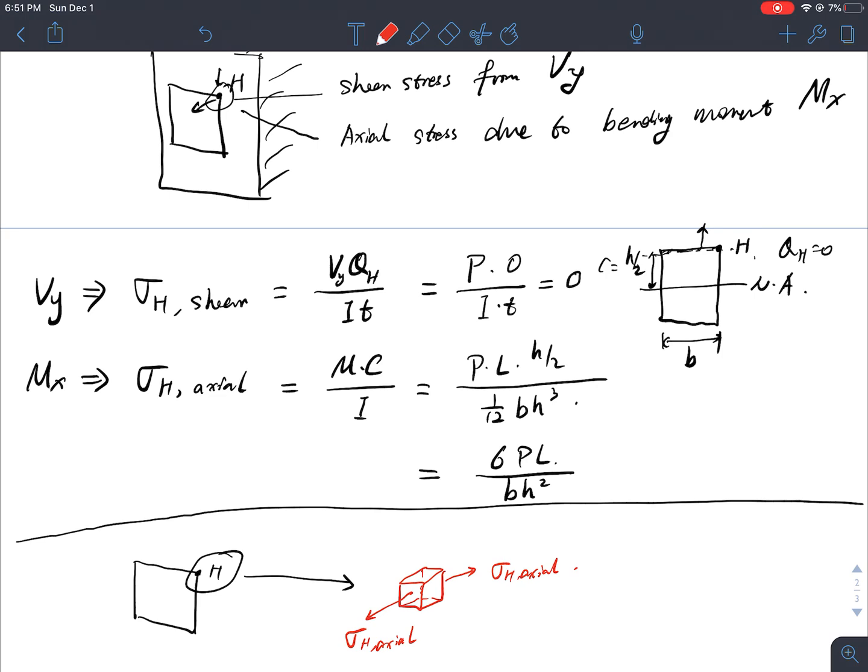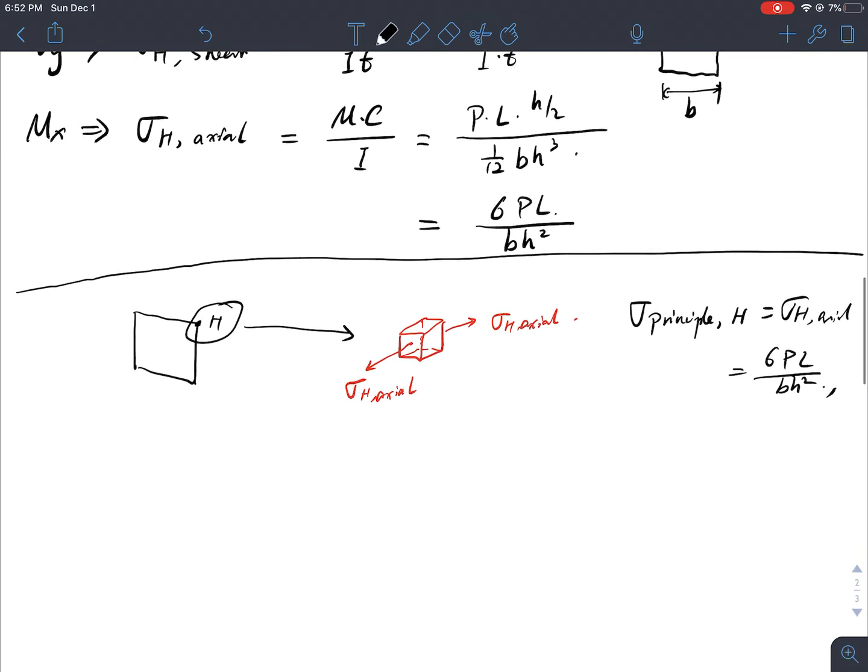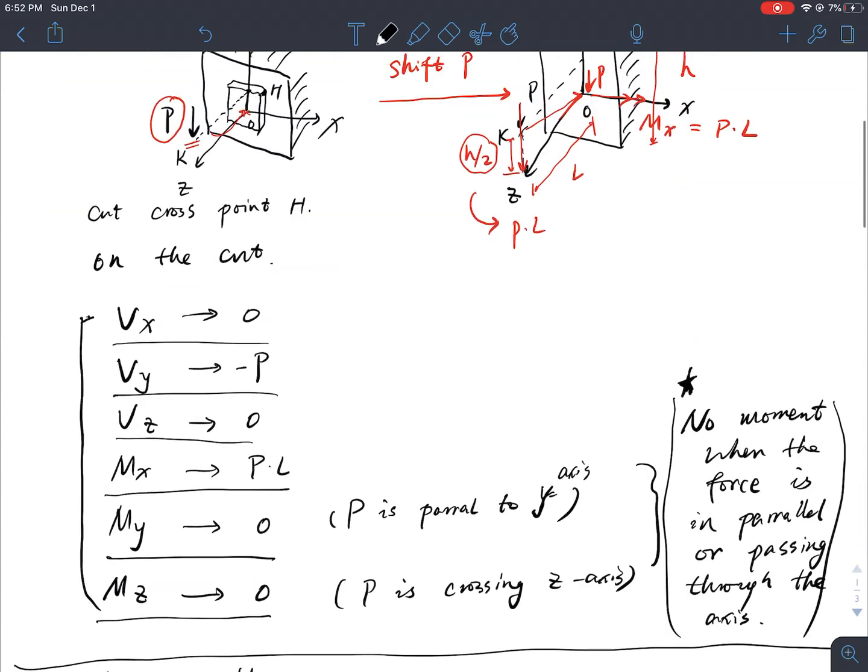So the principal stress at H is equal to sigma H axial, which is 6PL over BH squared. So now we have figured out a way to establish our stresses from combined loading, and this is one example.